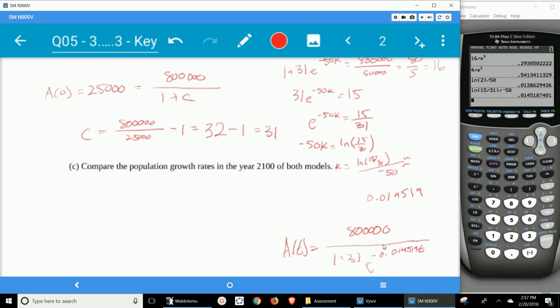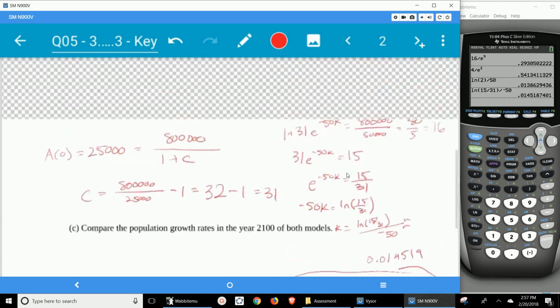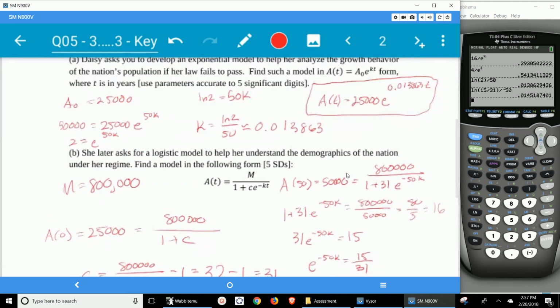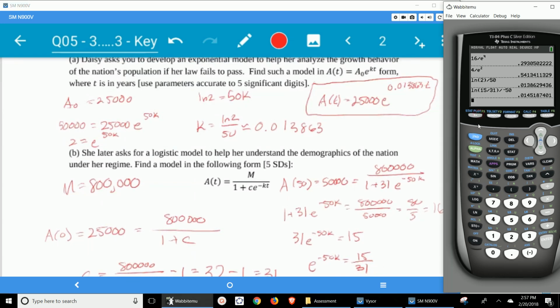Okay, and you can do a quick graph check to see if you did this right. So I'm going to compare that model to the other one. You can just put these in here.